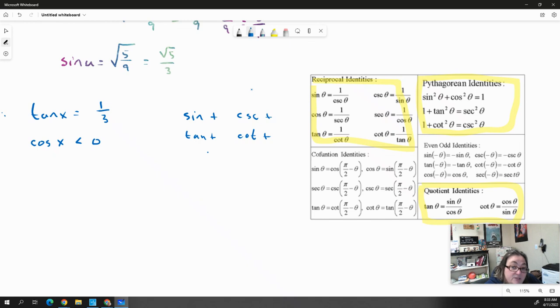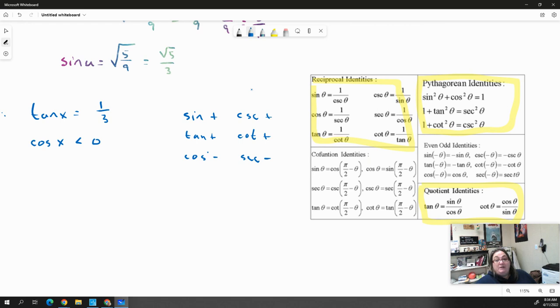But we know that cosine is less than 0, so cosine is negative, which would mean that secant is also negative, right? Because it's an inverse. And so when you go to solve those problems, you have that piece of information already, right? And you can solve each of those trig functions the same way.